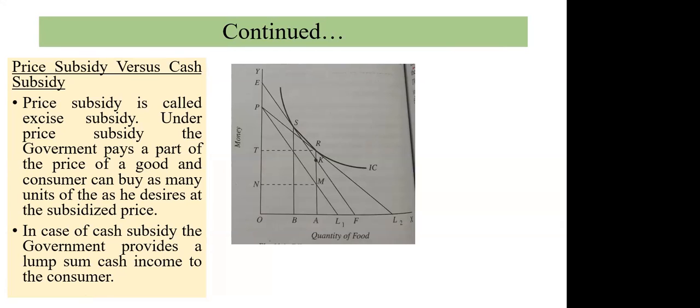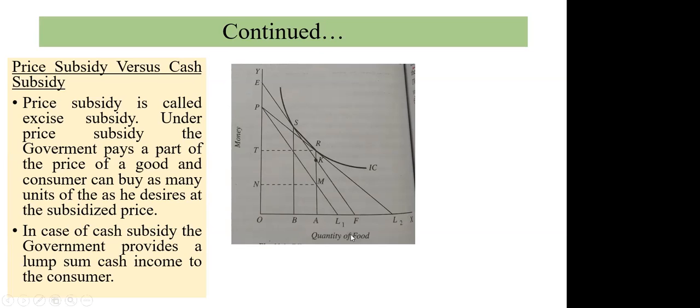Now if there had been no subsidy from the government, the price line or the budget line for me would be the same as the first one, which is PL1.